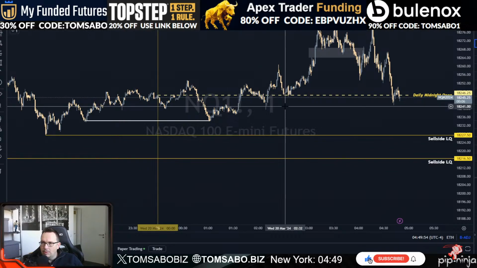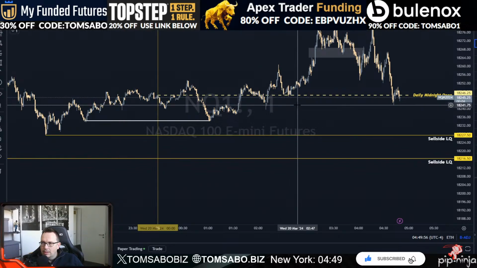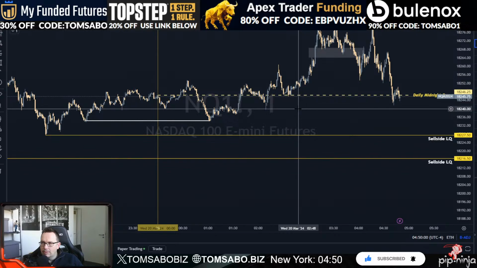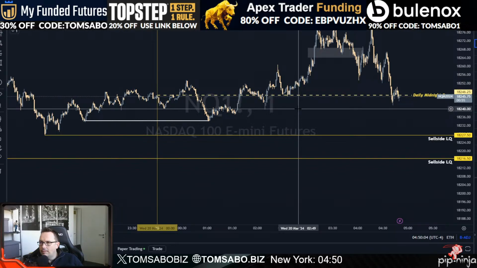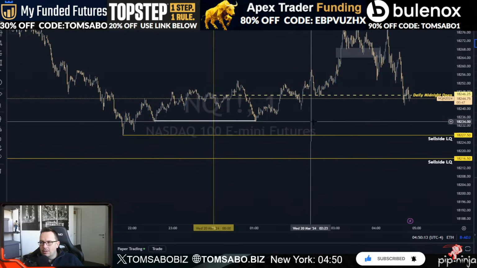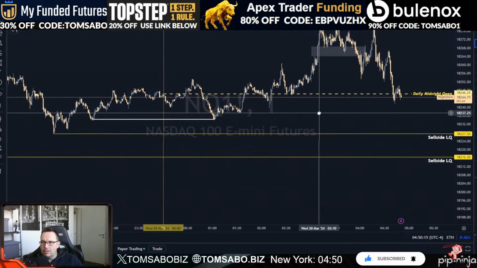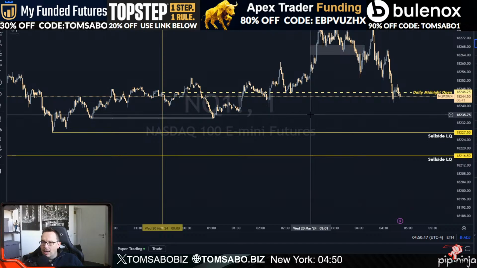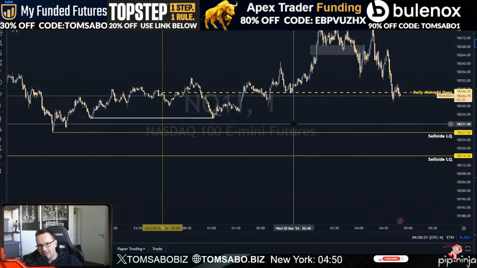What else do we have? Nothing up there. Maybe 234. These are the only levels down there that could be interesting if they want to dump it down to 35 or 27.